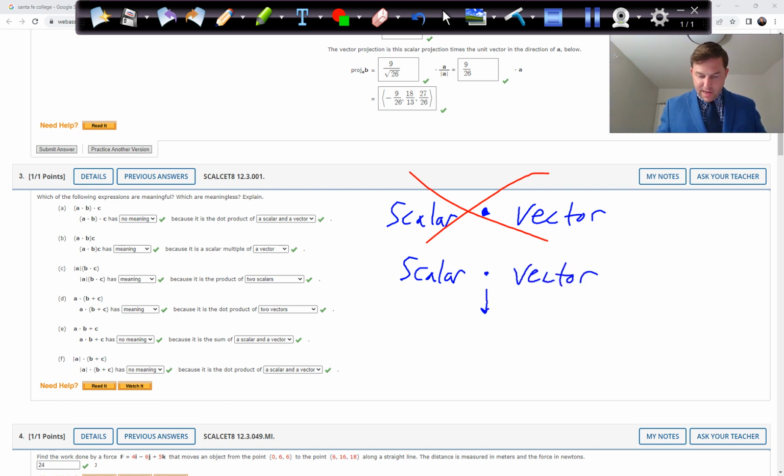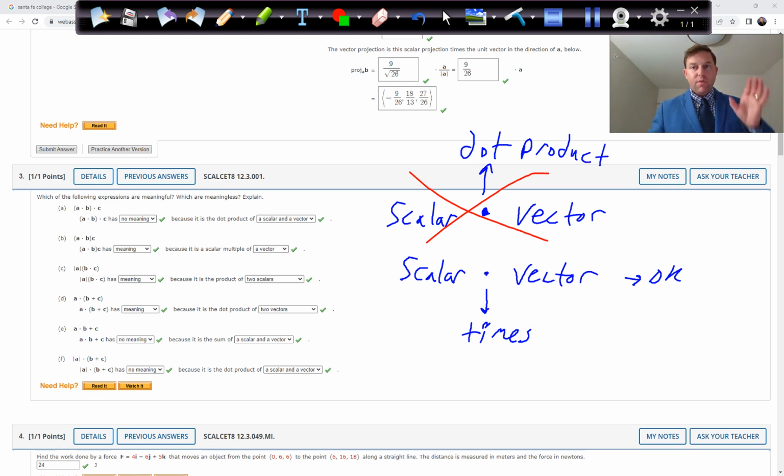So if this is times, that one's okay. But if it's a bigger dot, usually a bold dot, this is dot product. Dot product is only defined when you take a vector dotted with a vector. You have to have two vectors. So this one has no meaning because you're doing a dot product of a scalar and a vector.